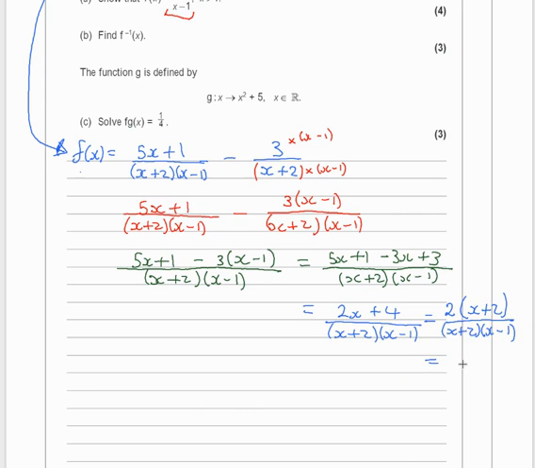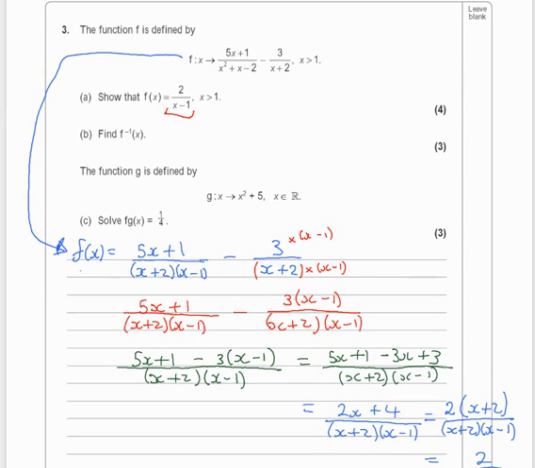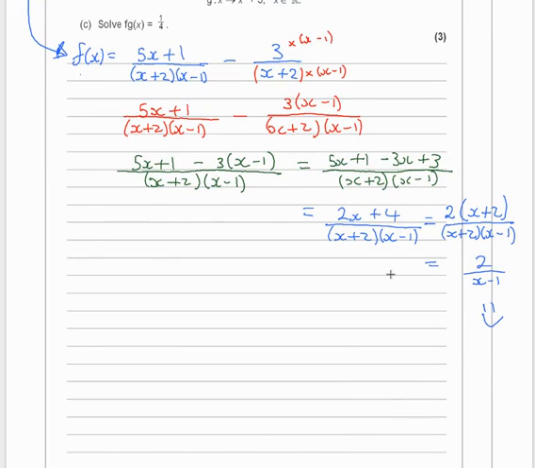Then that will equal, because the x plus 2 at the top and the bottom cancel, 2 over x minus 1. So happy days. We've got 2 over x minus 1. And if in the original function x is greater than 1, we can say that here as well. Where x is greater than 1.